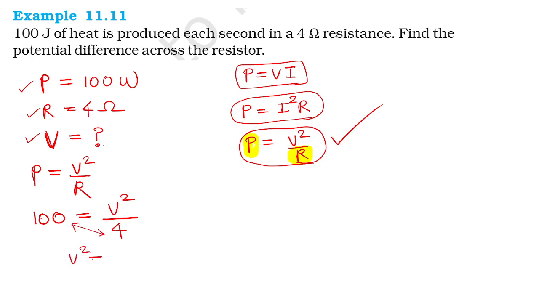So V square equal to 4 into 100, or 400. V equal to root of 400. Root of 400 means it is 20. If you don't understand, please tell me. Why 20? Because 20 square is 400. Understood? So the square root of 400 is 20. So the voltage or potential difference will be 20 volt.